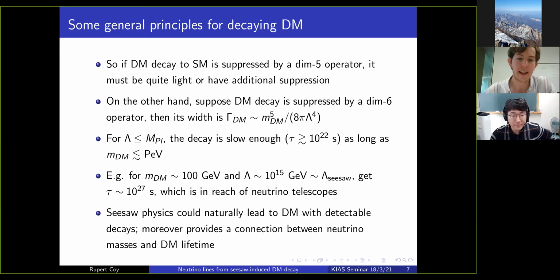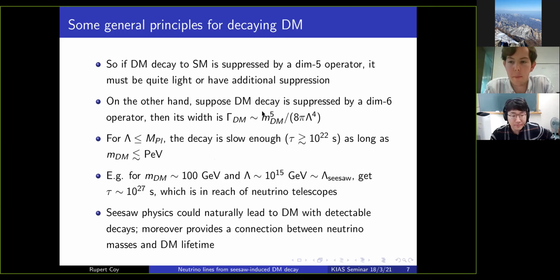And again, if the new physics scale lambda is no larger than the Planck scale, then you can get a slow enough decay even if dark matter is as heavy as about a PeV. Keep in mind that it's dark matter mass to the 5th that I put here, but you can also replace it with some other dimensionful numbers, but schematically, it's dark matter mass to the 5th.